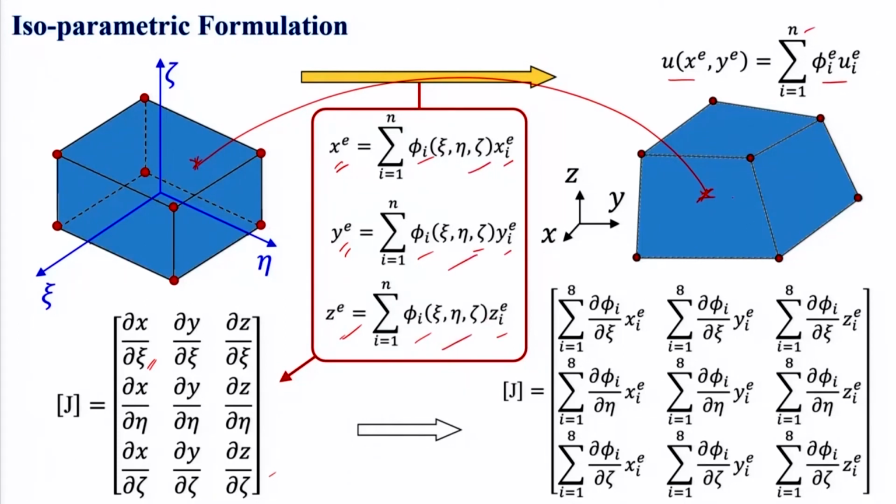For this element the summation will be over node number 1 to 8, but if it is a tetrahedral element, then the summation will be over 1 to 4, and it all depends on how many nodes we have in the element. So we know this. It is just the same Jacobian written in the 3-dimensional case.